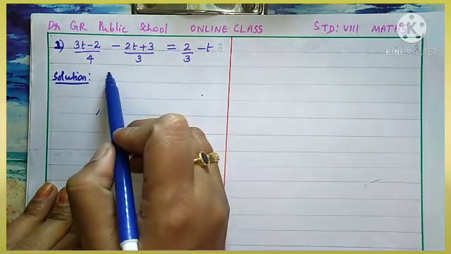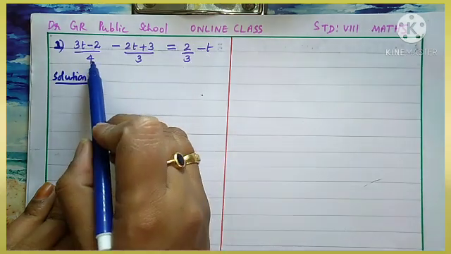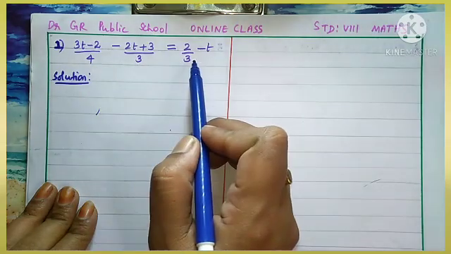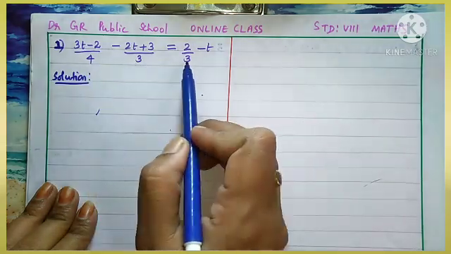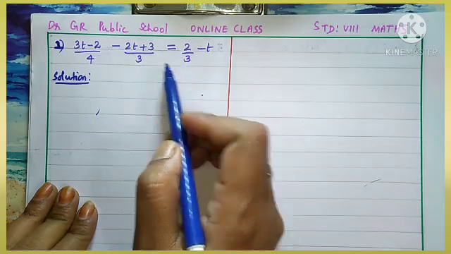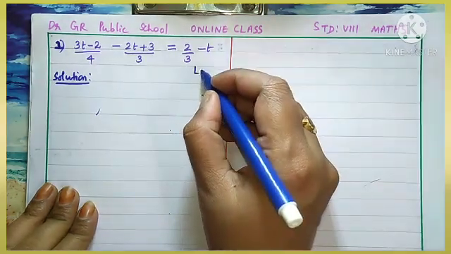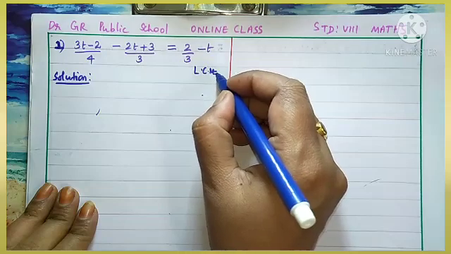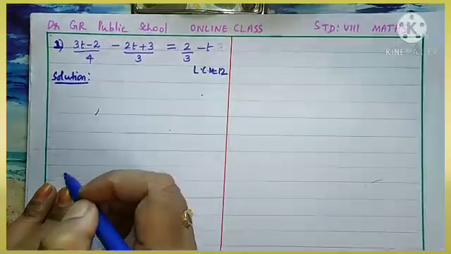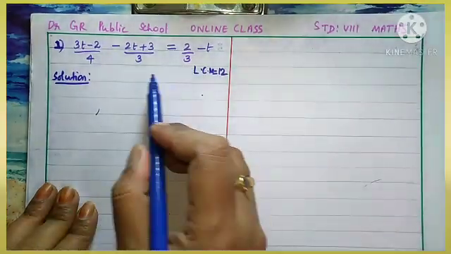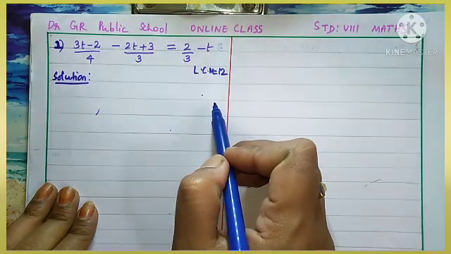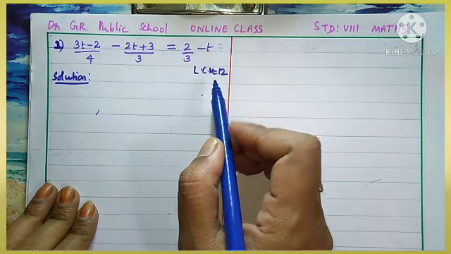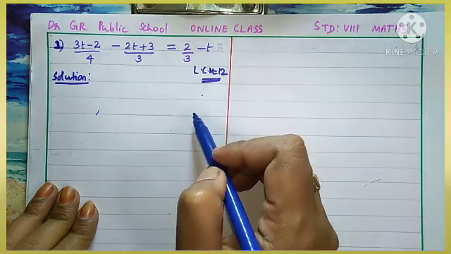Okay, so first we are going to determine the LCM of the denominators. What is the LCM of 4, 3 and 3? Very good, it is 12. So LCM of these three numbers is 12. Okay, if you don't know to say directly, you just find out by prime factorization method and find the LCM. Understand? So here LCM is 12.